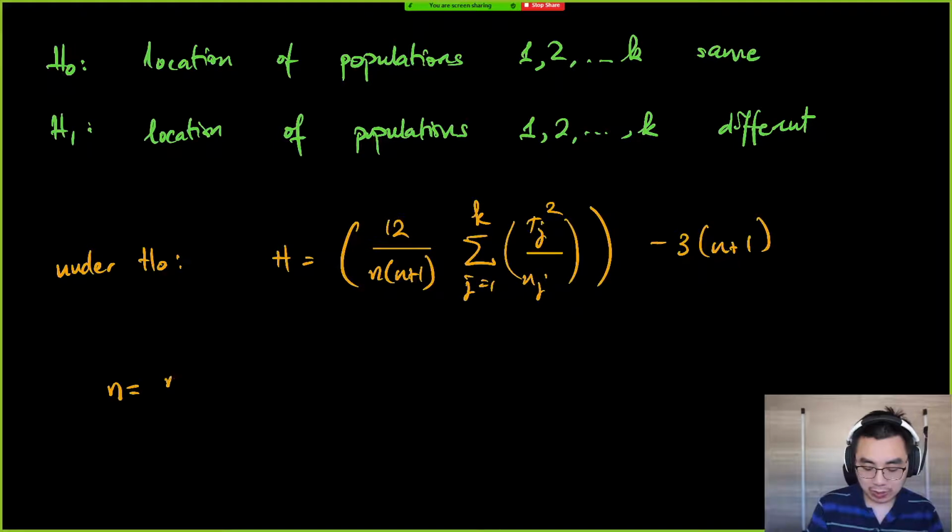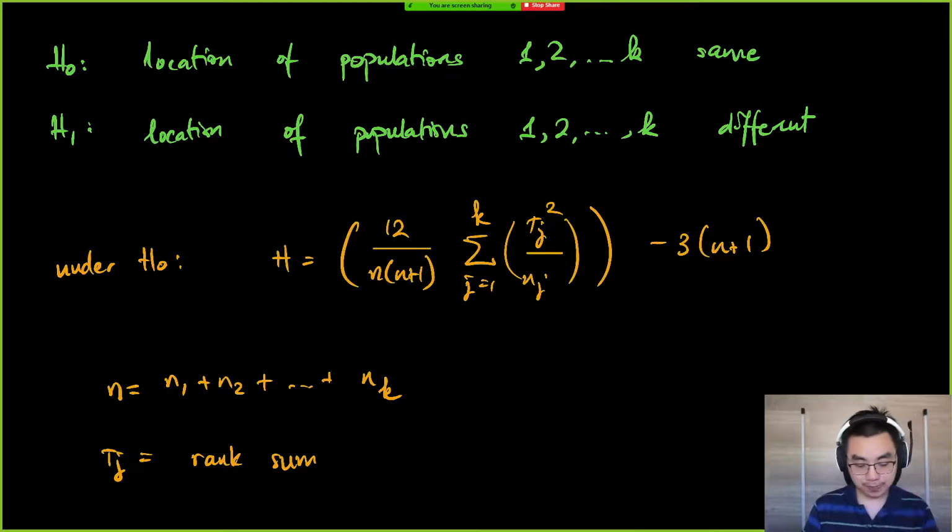So n is just equal to n1 plus n2 plus etc. all the way to nk, because you have k groups. And Tj is the rank sum, defined in the same way as the Wilcoxon rank test, of group j. So if you can calculate the rank sum, you should be able to calculate the test statistic H.